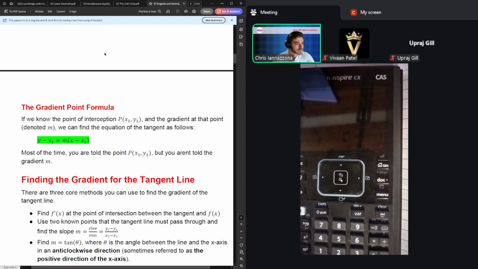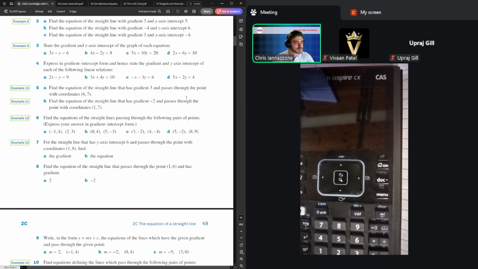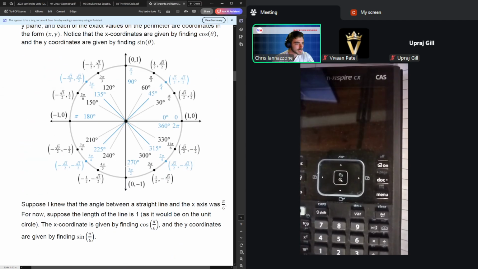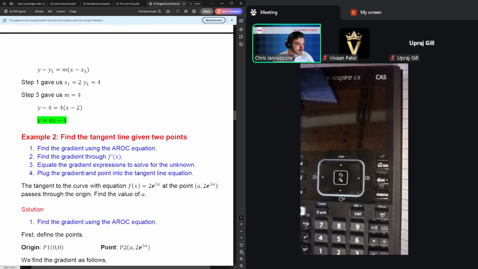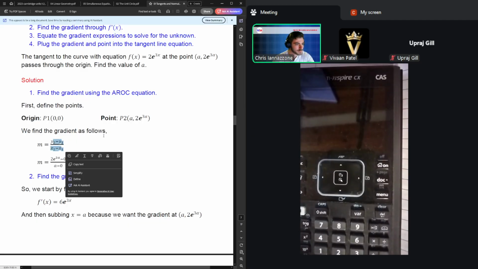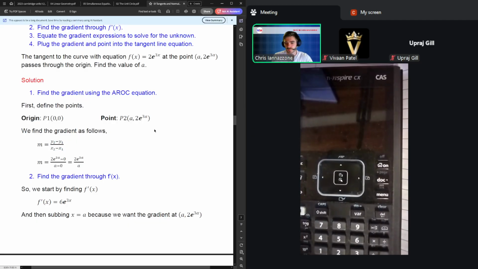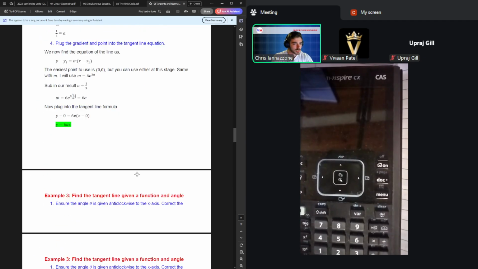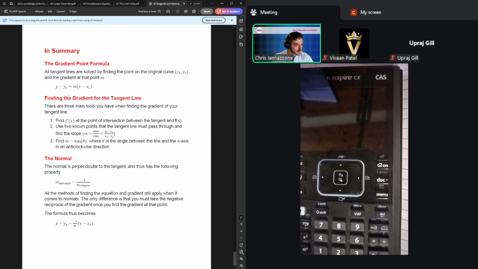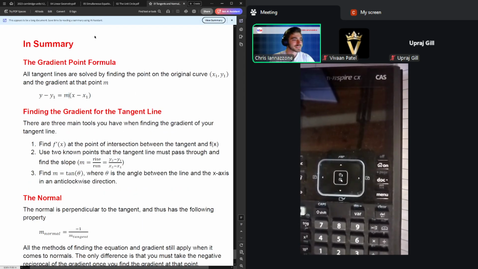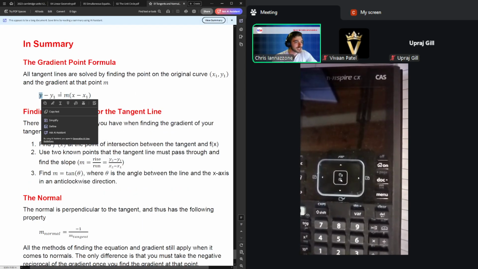And if you don't already have the m, which in this case we didn't, we had 2 points, you just rewrite that m as the rise over run equation. Take that, shove that there. And then all you do is rearrange for y, and then you've got your y = mx + c.